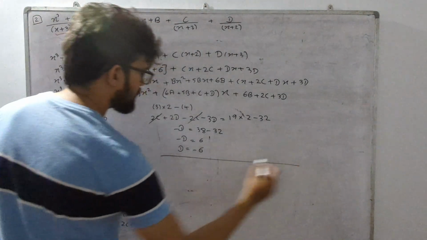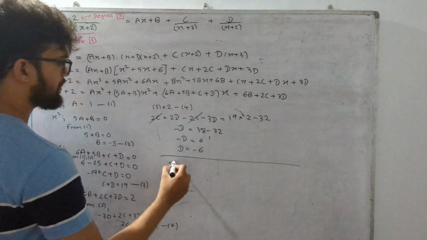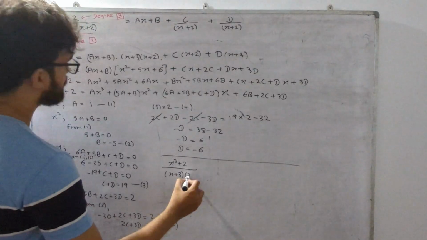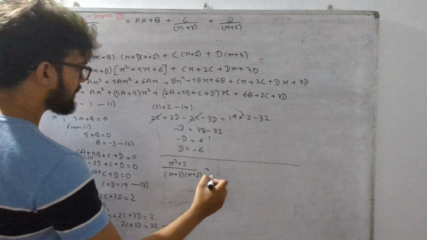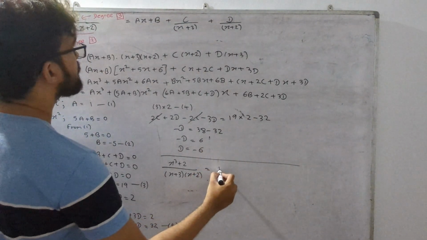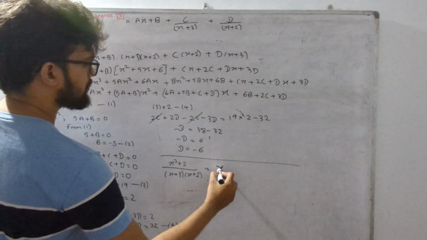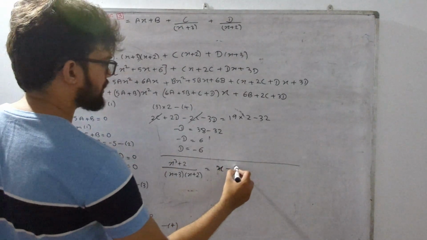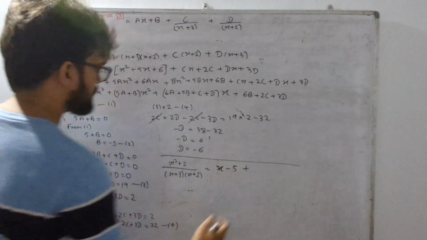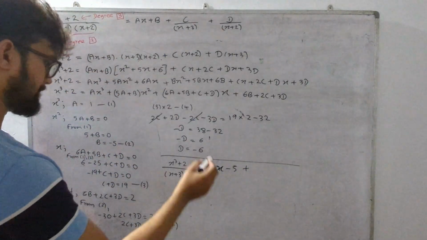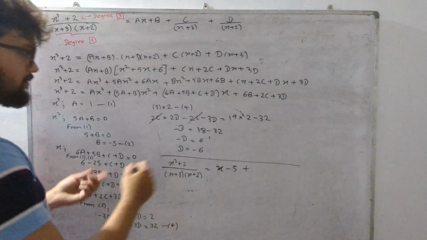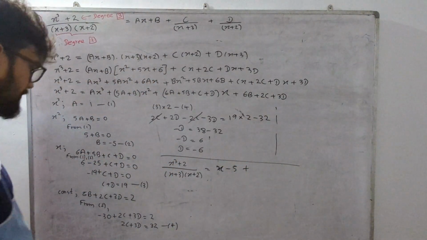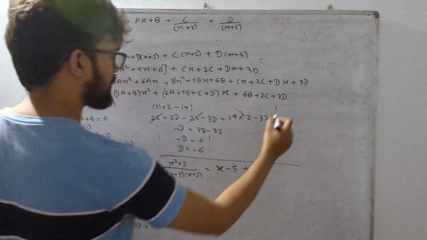So we can write the partial fractions of x cube plus 2 divided by x plus 3 into x plus 2 equals: a is 1, so x; b equals minus 5, so x minus 5; plus c. We didn't find c yet, so I'm going to find c from equation 3.